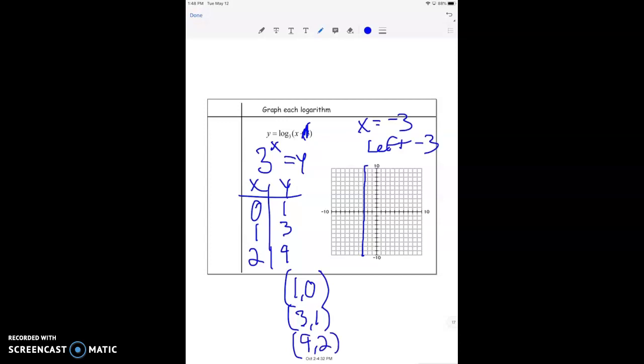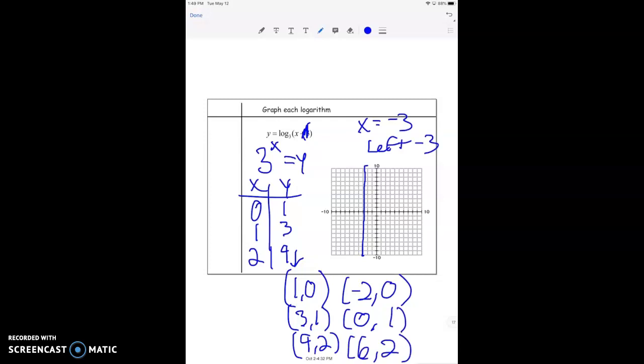Now, because we have a shift left 3, basically, again, it's just a left shift. So I'm looking just at my x column, and I'm subtracting 3 from it. So 1 minus 3 is -2. 3 minus 3 is 0. And of course, 9 minus 3 is 6.